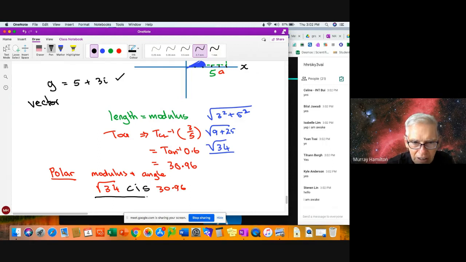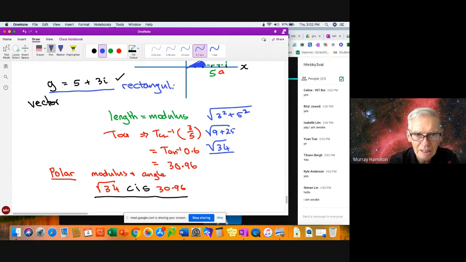I'm going to leave it like that today, and I'll explain the CIS at the end. This form over here is called rectangular form. So we're only going to bother with rectangular form today. I will go over this polar form another time. But for those of you who want to find out more, you can have a look at Mr. Chandakay's videos and find that.